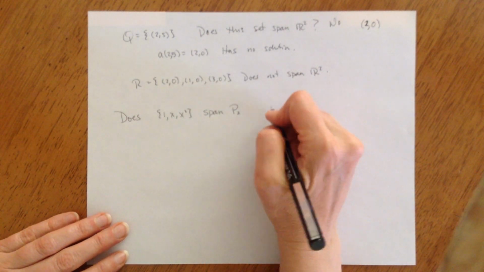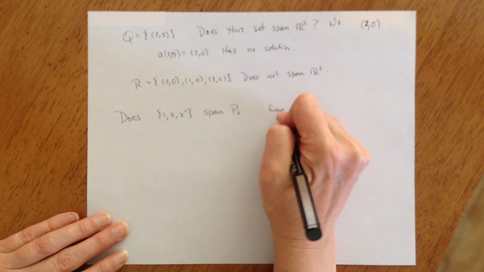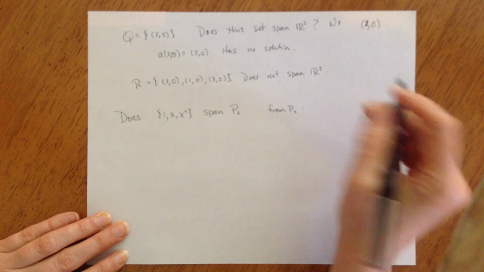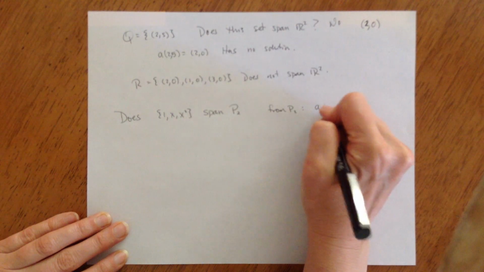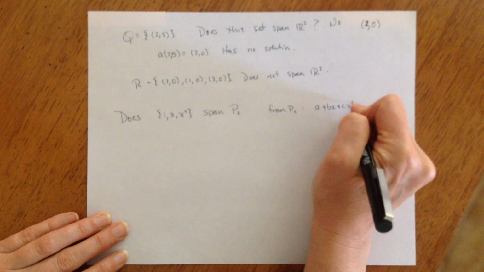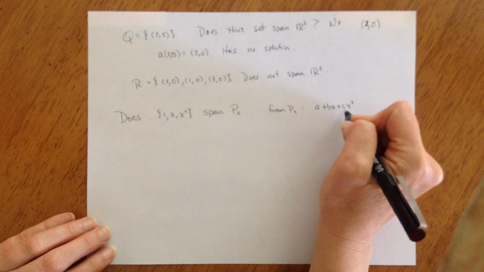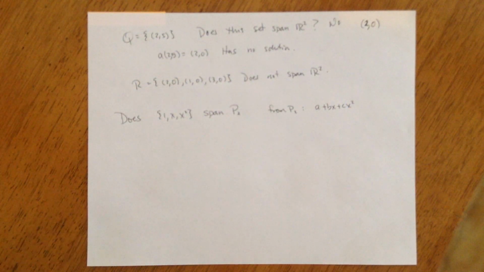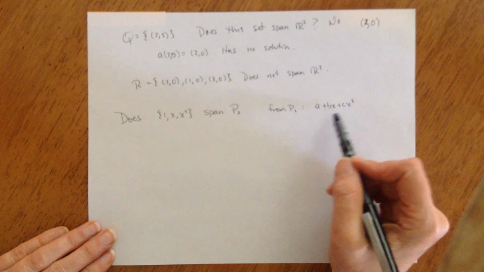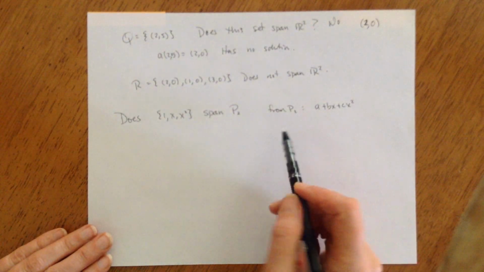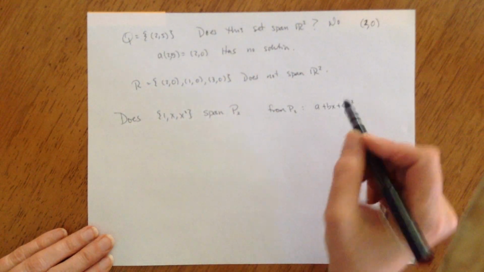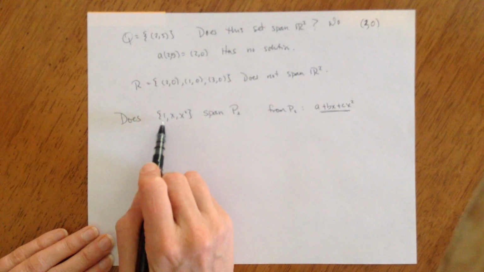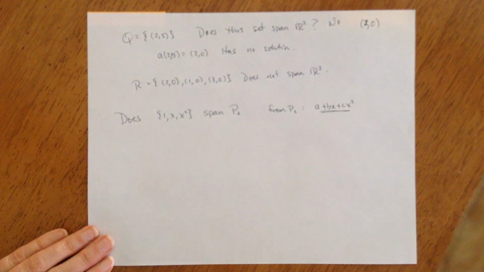Remember, vectors in P2 look like a plus b times x plus c times x squared, where c can be 0, b can be 0, a can be 0, so it's polynomials of degree 2 or less. And it does span all of P2 because you can get anything that looks like this just by taking a times that plus b times that plus c times that.